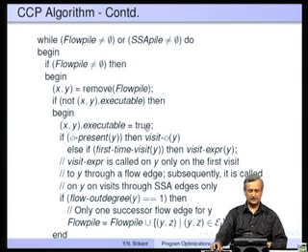So, mark that particular edge as executable, that is executable equal to true for that edge. Now, we check a couple of things. Is it a phi node? If phi present y is true, that is if it is a phi node, then we call the function visit phi y. We are going to see some details a little later.